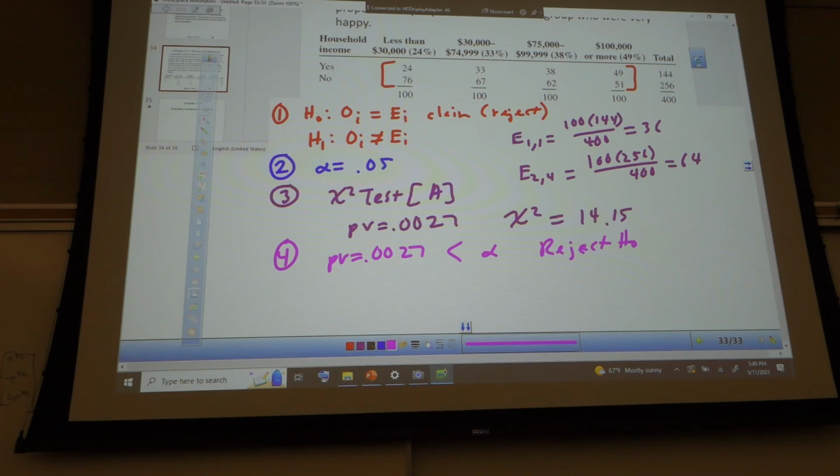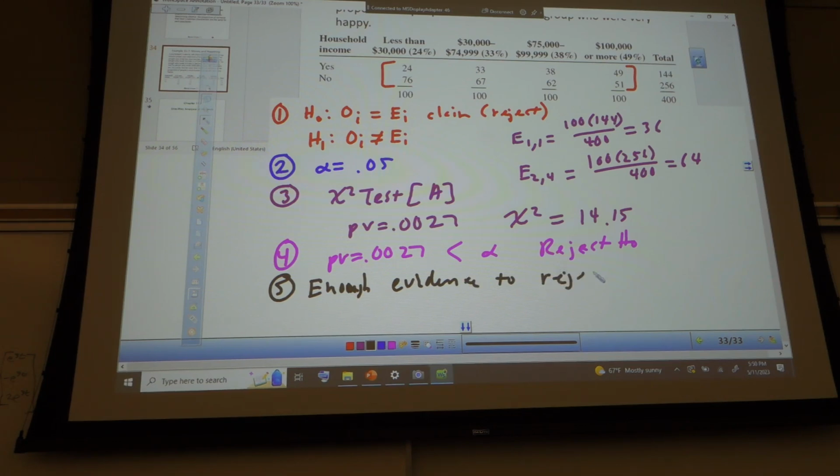Okay, and then, who hasn't spoken in a while? Jason, you just want to bring it home for us? Enough evidence to reject the claim that there is no difference in the proportion of people in each economic group who are very happy. Great.